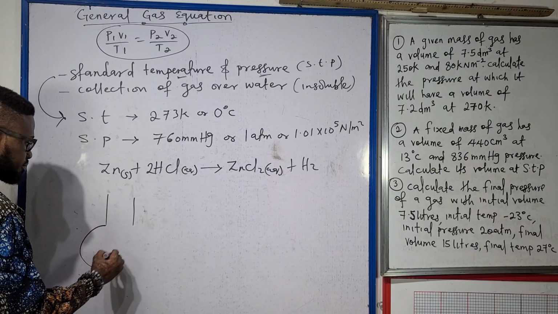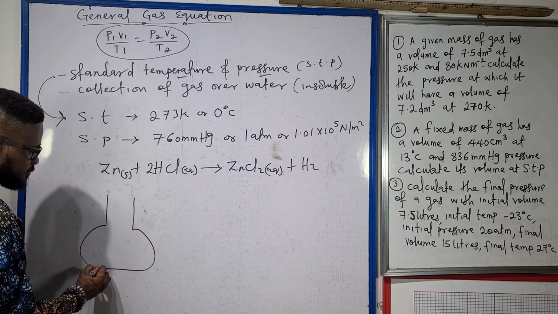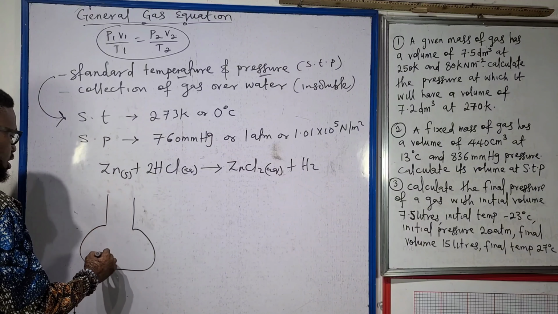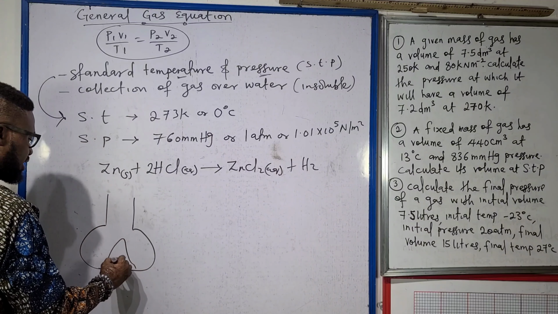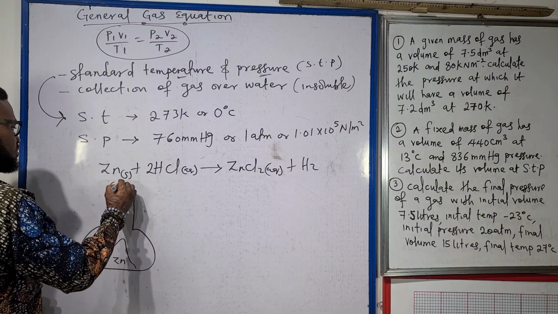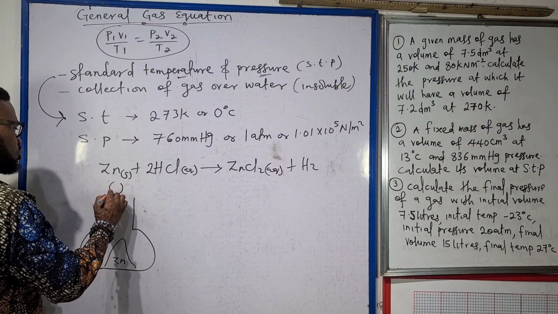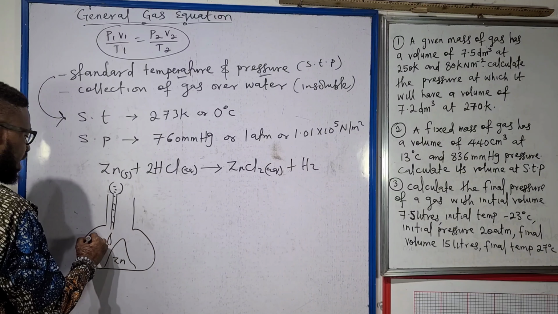Now, let's assume that in this experiment, we have a flat bottom flask, such that this is our zinc, and then acid is being passed in, using the test tube funnel. Let this be HCl being passed in.